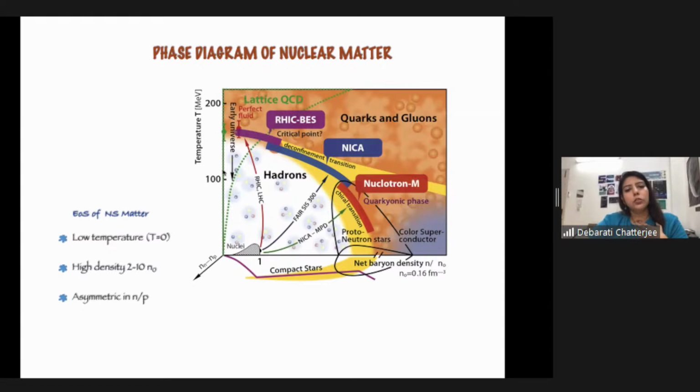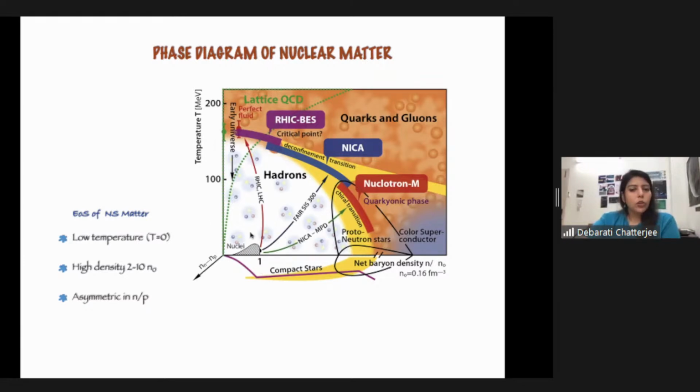Similarly, for nuclear matter also, one can draw a phase diagram. If you look at the bottom axis, this is density, expressed in terms of the saturation density of matter, and the y-axis is temperature.